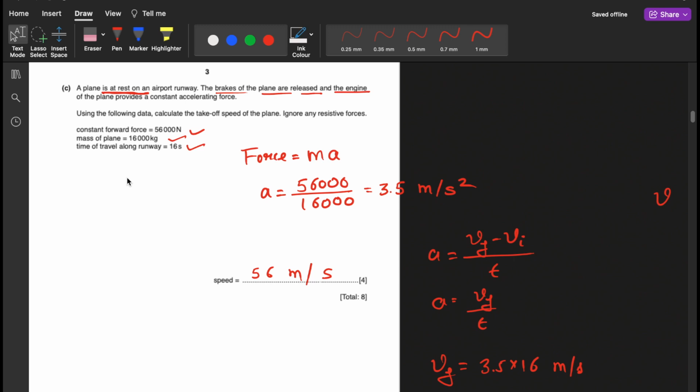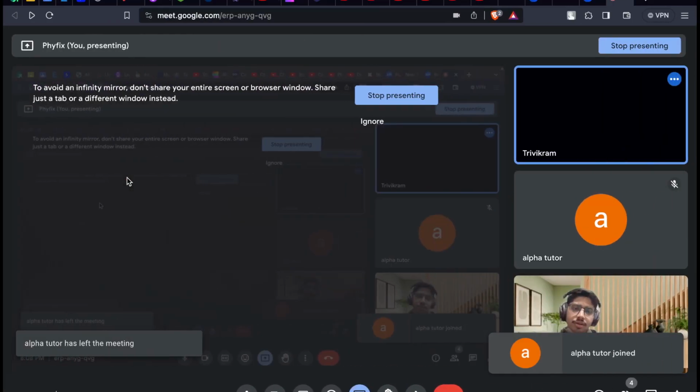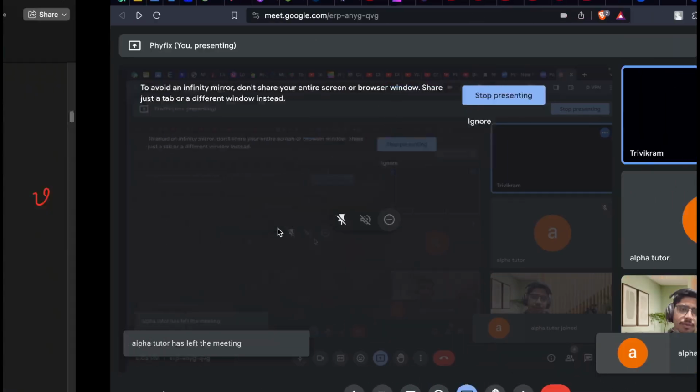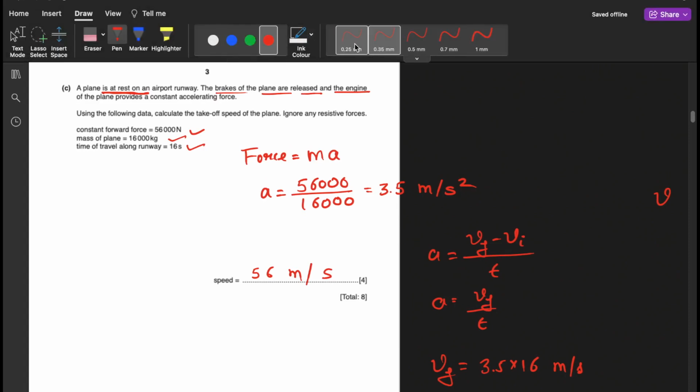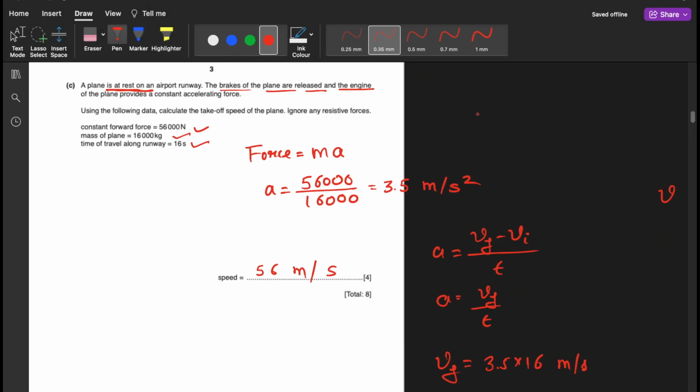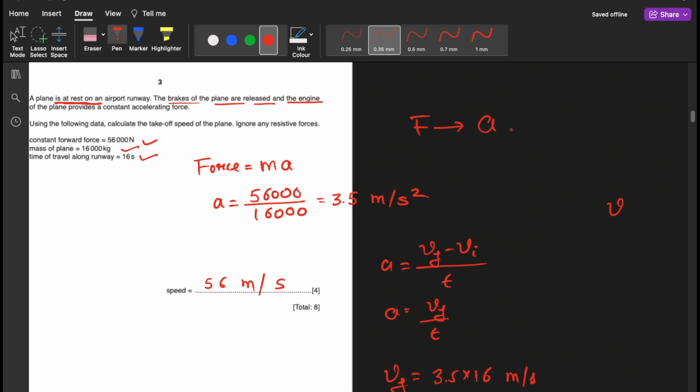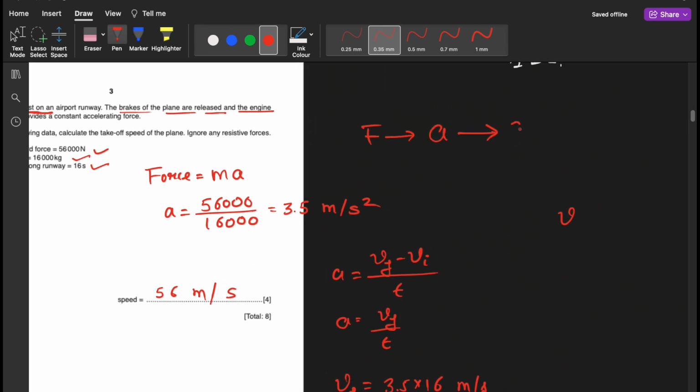So always, whenever they give you the force, first we had to find out the acceleration from that, and from acceleration we get the velocity, the speed that we are talking about.